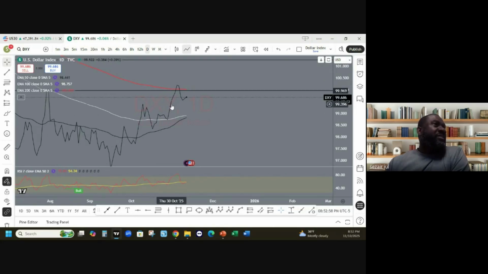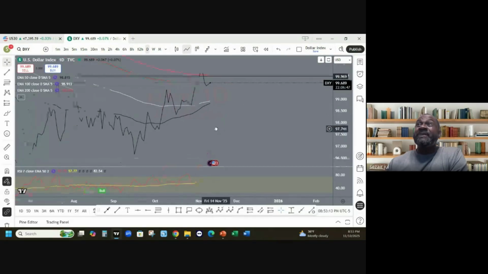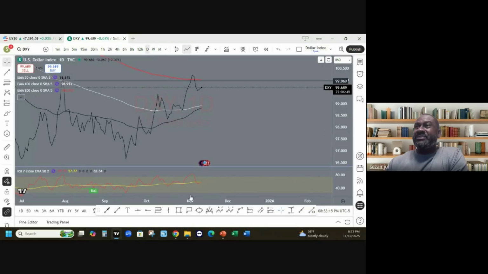You can see DXY, the US dollar index. If you want to know what is going on with the dollar, you go to the DXY, the US dollar index. If you look at this, guys, what do you think is happening here?